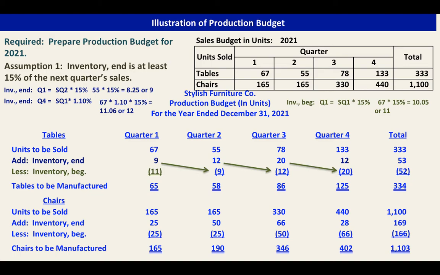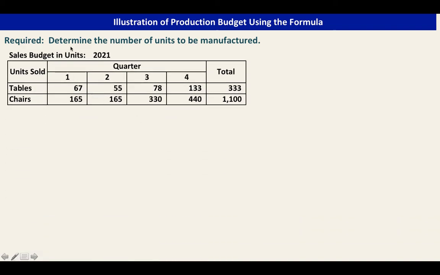For classroom problems, there will be questions which don't need the format that was presented from the previous slide. You just have to make a calculation. Like in this case, determine the number of units to be manufactured if you are given like this.